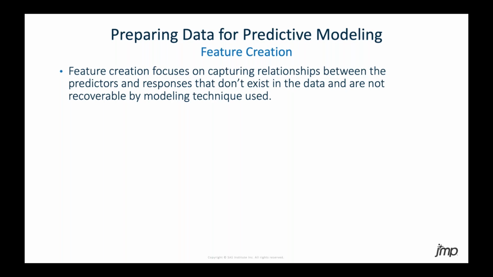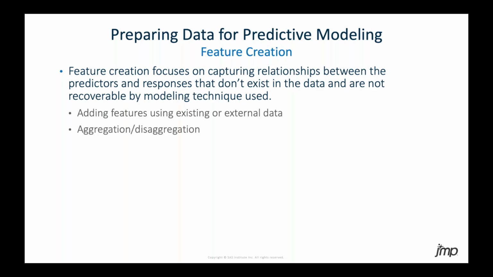So what you're attempting to do with feature creation is to create columns in your data set that capture relationships between the predictors and responses that wouldn't necessarily exist or wouldn't be recoverable by the modeling technique. I could do that by either adding features using existing data, or I might have to go back and add external data. I can aggregate columns or levels in a column, or I can disaggregate, basically break a column up into multiple columns.